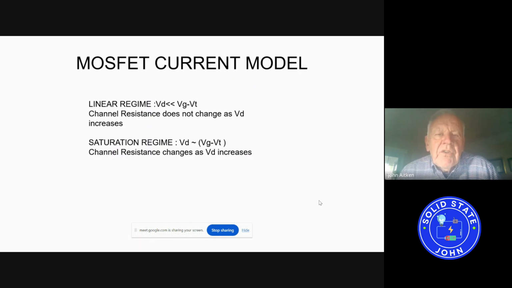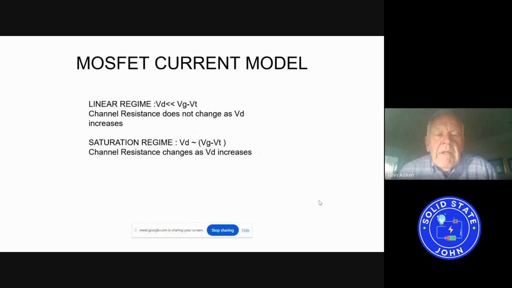We're going to try and talk about a MOSFET current model. Some of this will be qualitative in nature, but ultimately we'll develop a quantitative model and tailor it to describe the current flow in a MOSFET in two regions.